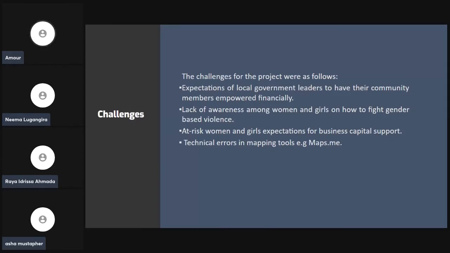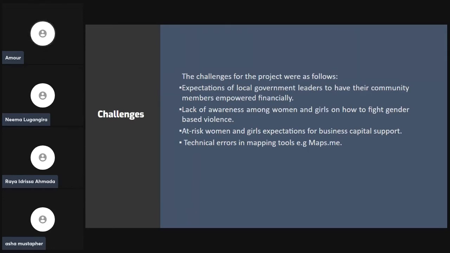For instance, this year, using Maps.me, which is the application most people use for navigation and collecting important facilities and amenities in different areas, right now it has some technical errors, so it is hard to use in collecting this information.